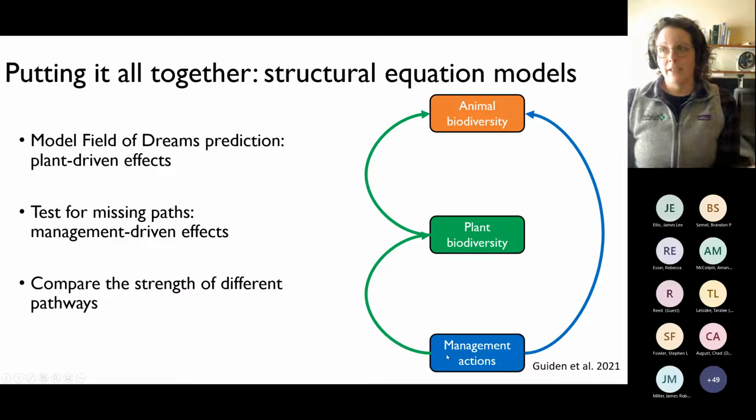So maybe management actions affected plant diversity, which affected animal biodiversity. And then they're able to actually estimate the size and magnitude of these interactions.